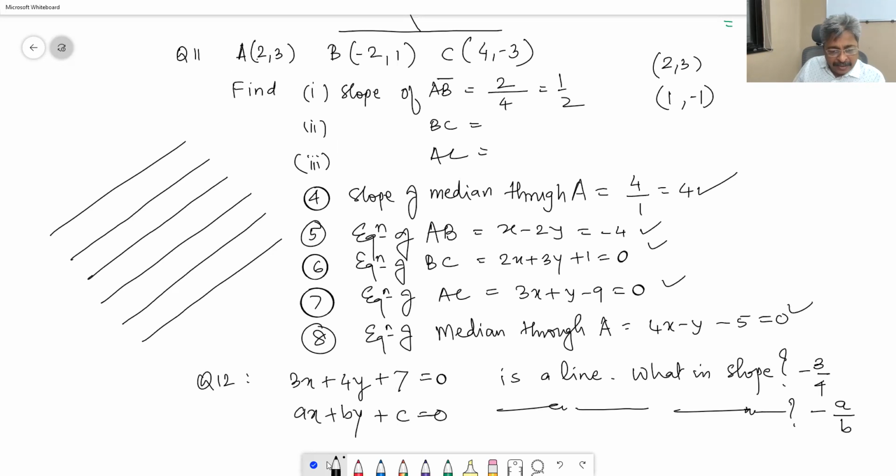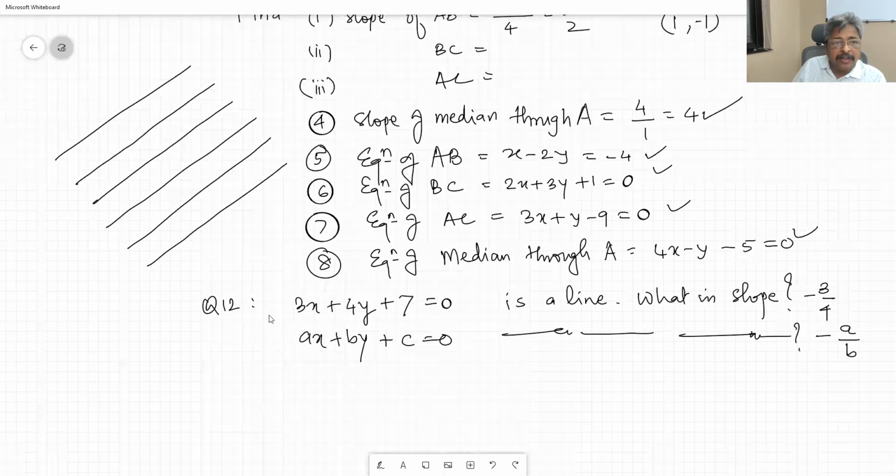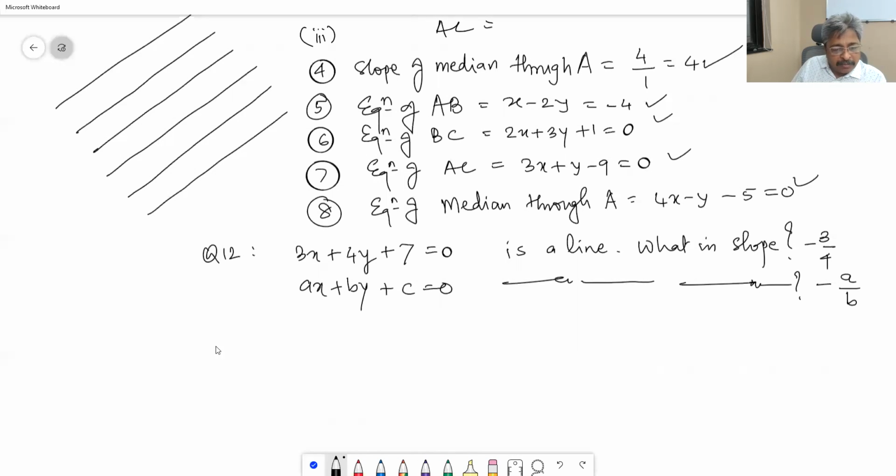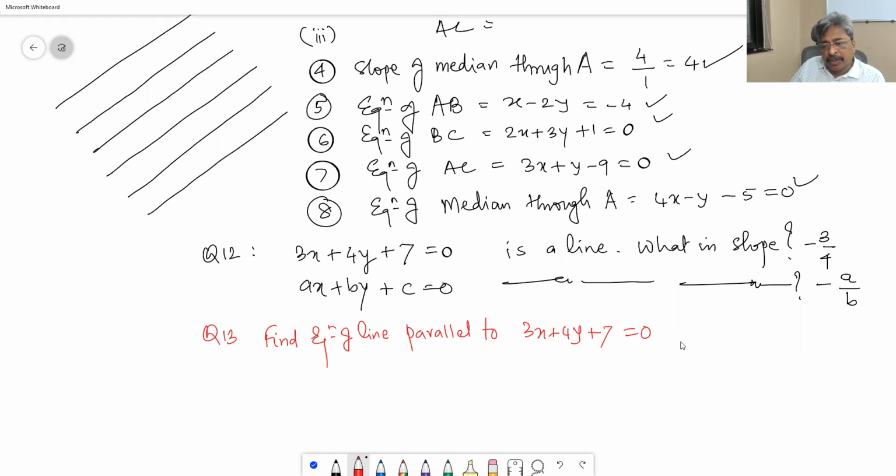So next question, question number 13: find the equation of line parallel to 3x plus 4y plus 7 is equal to 0 passing through (5, 2).